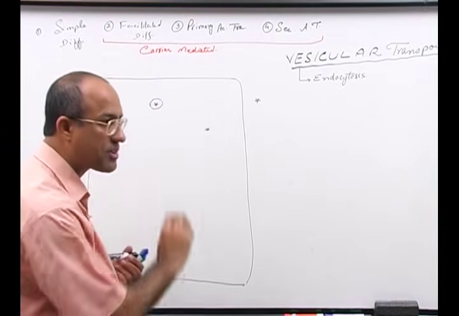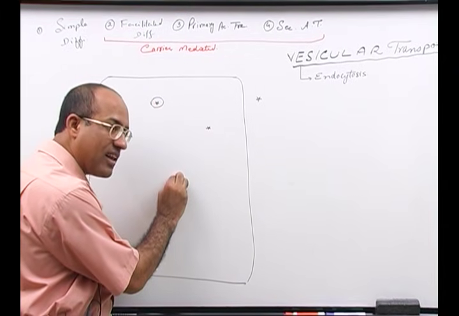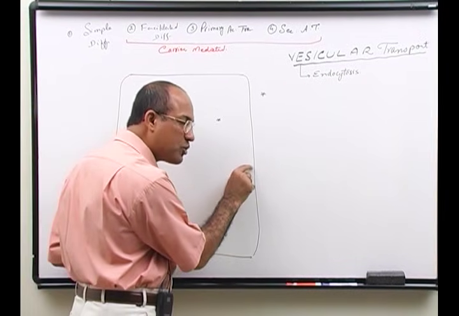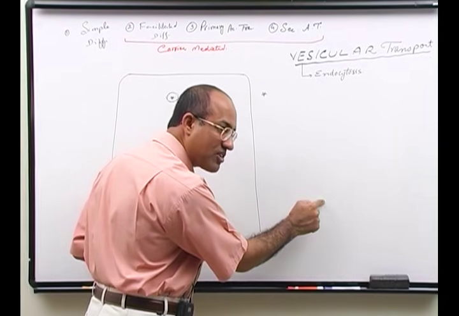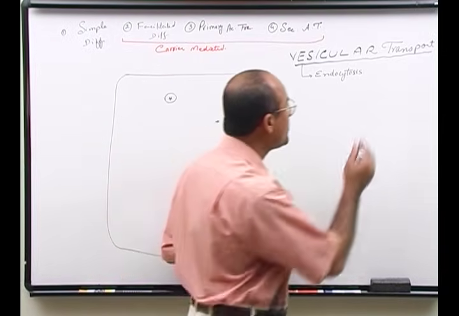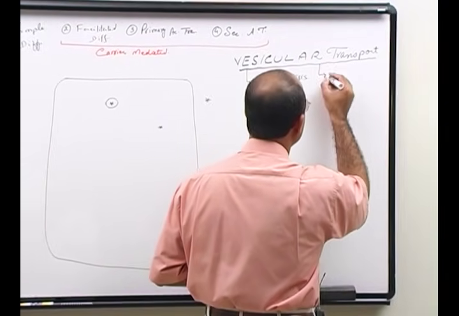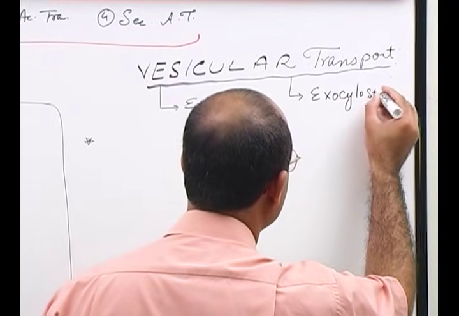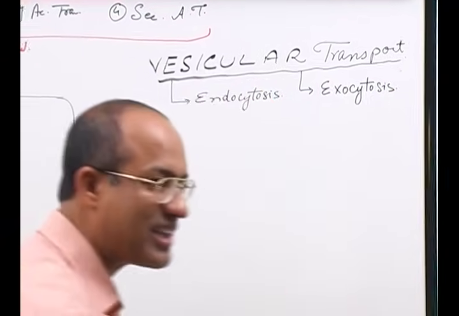And if there is some substance present within the cell, that substance is loaded in a vesicle, then the vesicle comes and fuses with the membrane and throws the substance out, then that is called? Yes, very good. Exocytosis.